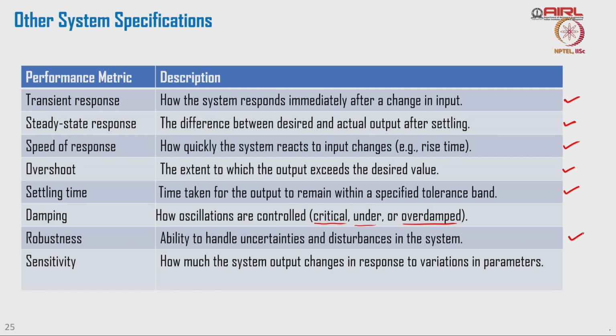Sensitivity, how much the system output changes in response to variations in parameters. Okay. So, these are the desired control system specifications or performance metrics which go into design considerations. When a control engineer is designing some controller, he should take care of all these performance metrics and check whether those are in the desired limit or not.